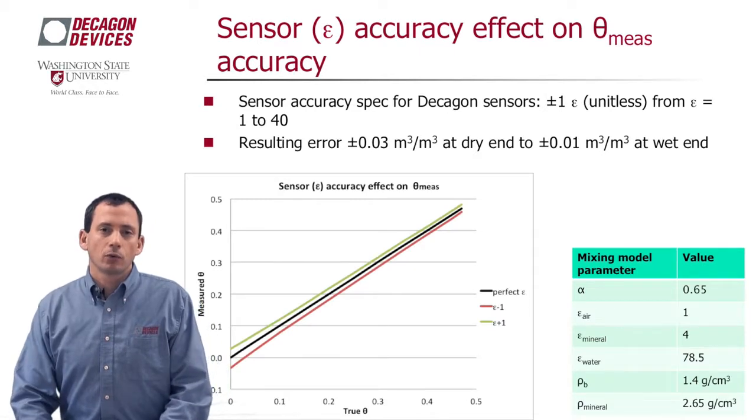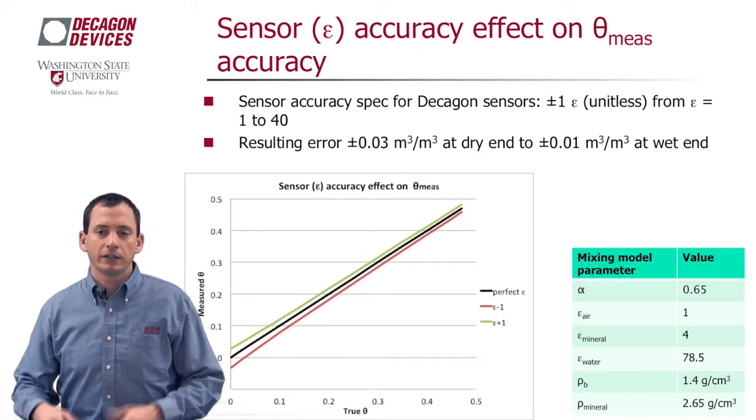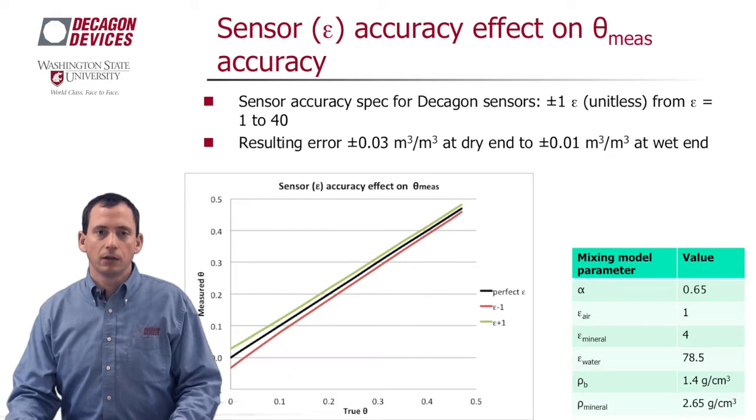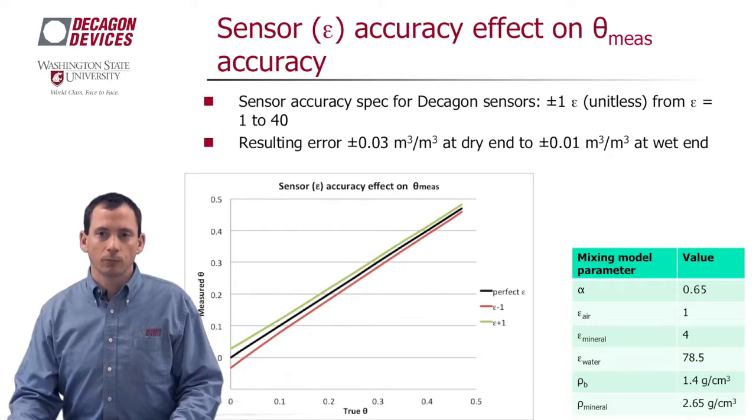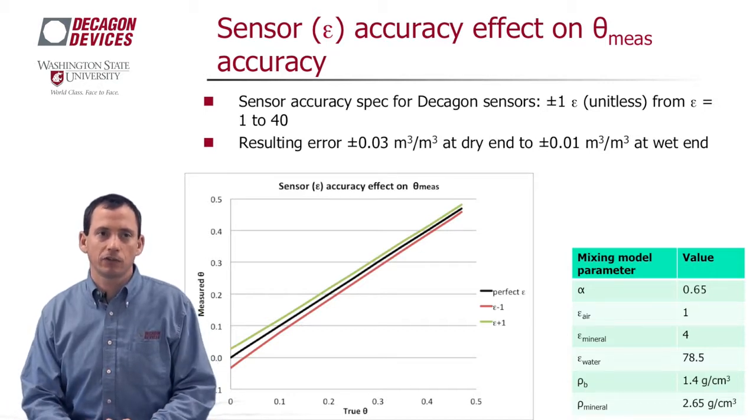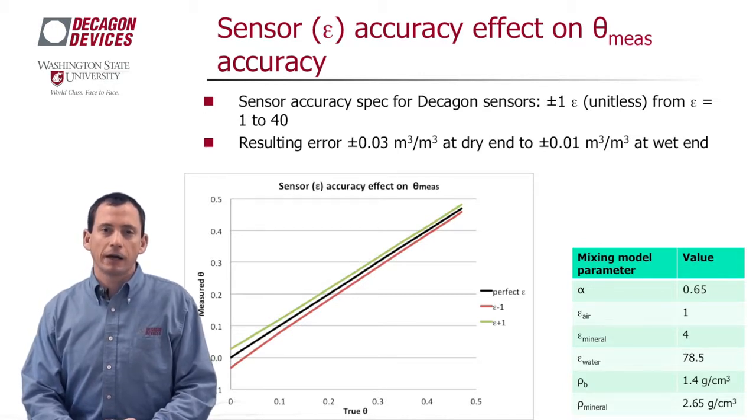Okay, so let's look at what these errors in measured dielectric permittivity translate into in terms of water content. So the accuracy spec that we set for a lot of our digital sensors, for our calibrated sensors, is plus or minus 1 unitless dielectric unit from dielectric permittivity of 1 to 40.